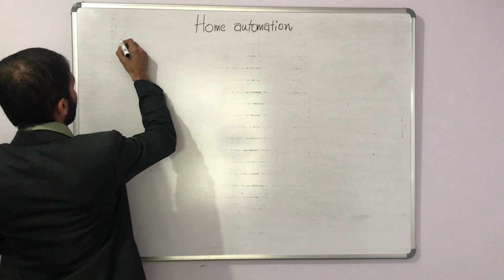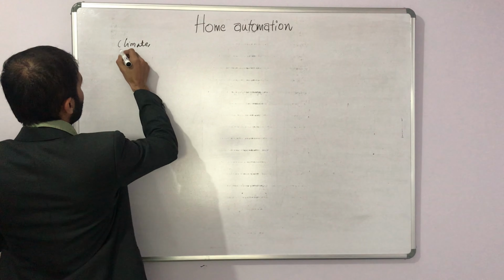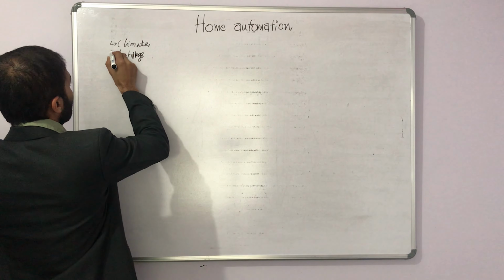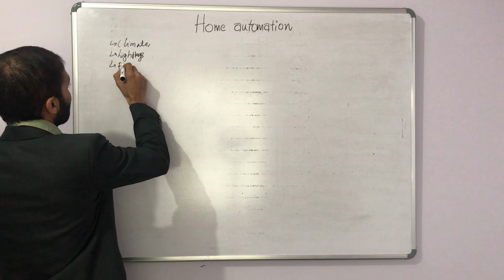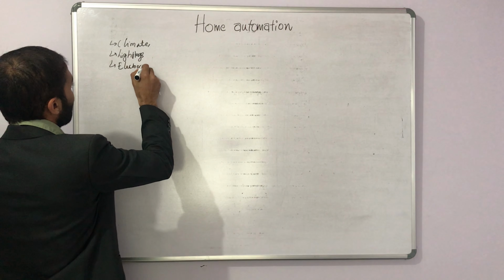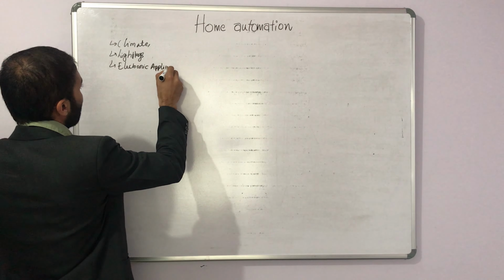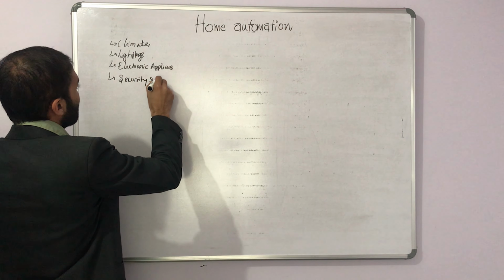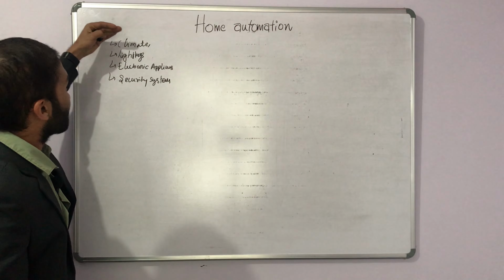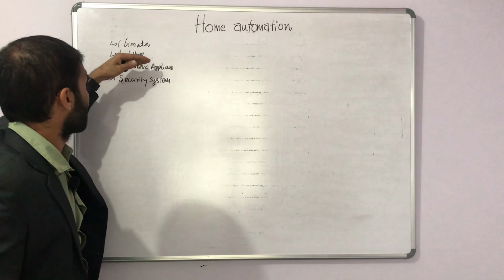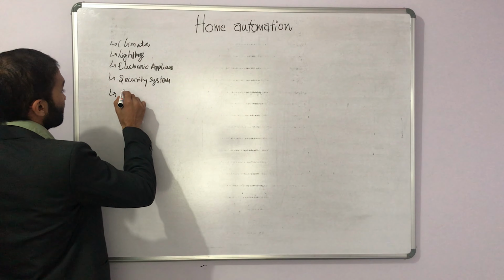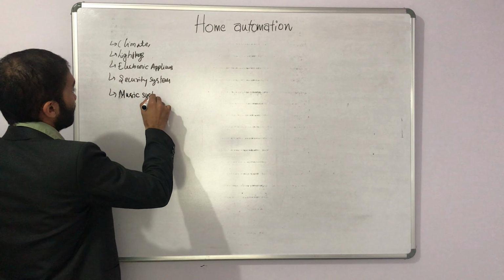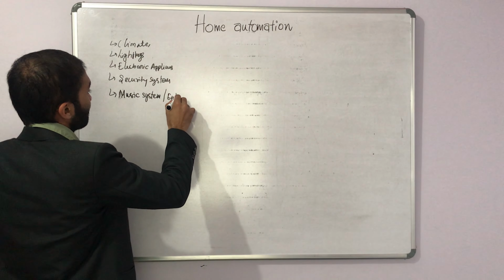We need to control climate, lighting, and other electronic equipment or electronic appliances, and even some security systems, and also music systems or entertainment.